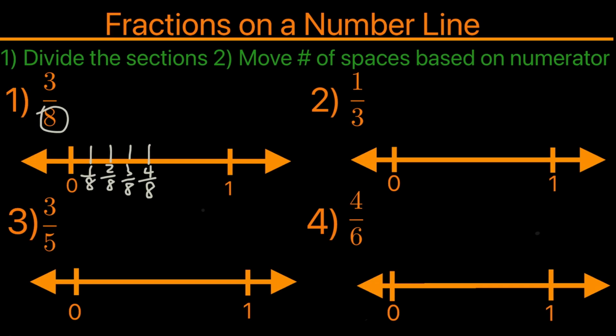Then you would need 3 sections on the right half as well, so we would have 5, 6, 7. So 5/8, 6/8, 7/8, and 1 would be 8/8.